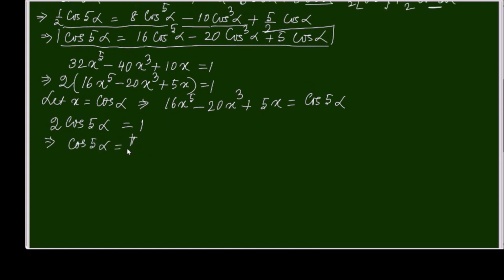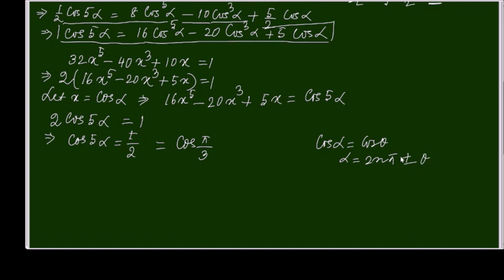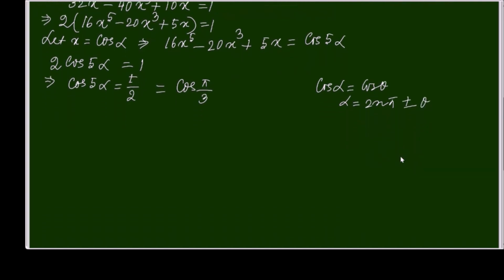Then directly we came from algebra to a trigonometric equation. Half means cos pi by 3, cos 60 degrees. We know that if cos alpha equals cos theta, then alpha equals 2n pi plus or minus theta. So here in place of alpha it is 5 alpha.